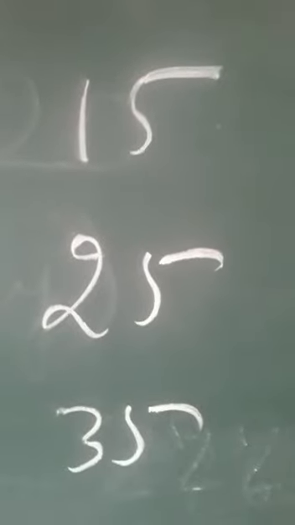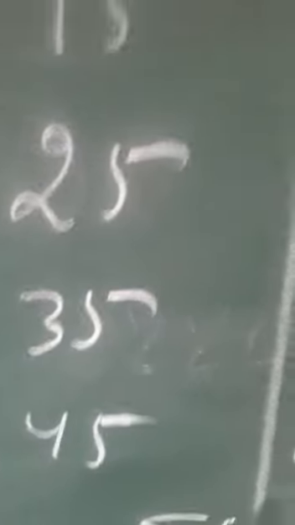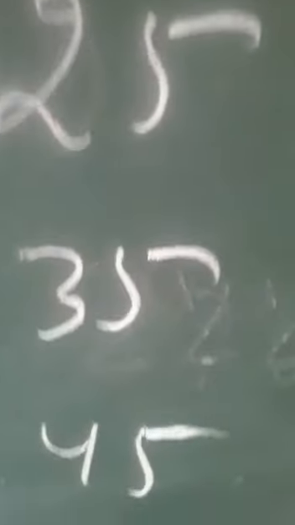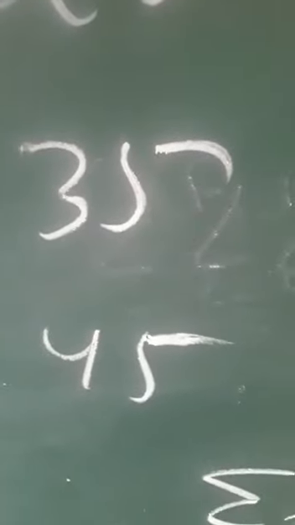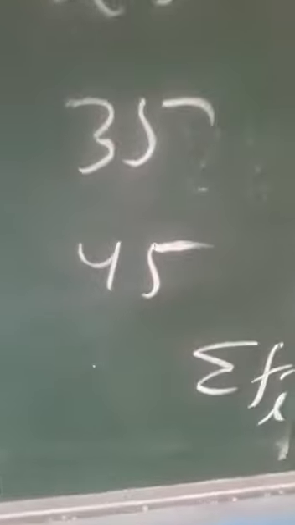We add these two and divide by 2 to get 25. For the 30 to 40 group, the xi value is 35. Now the last group is 40 to 50 and its corresponding xi is 45.